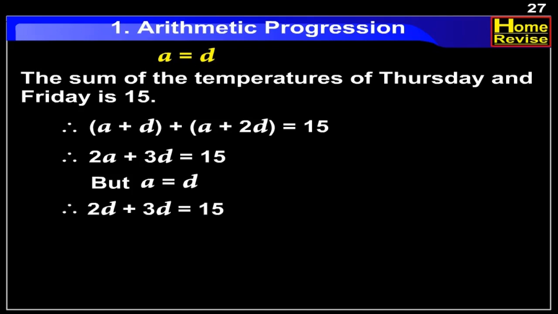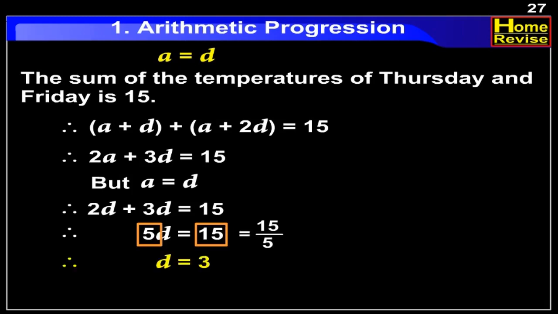Therefore, 2d plus 3d is equal to 15. Therefore, 5d is equal to 15. Therefore, d is equal to 15 divided by 5. Therefore, d is equal to 3. If d is equal to 3, then a is also equal to 3.